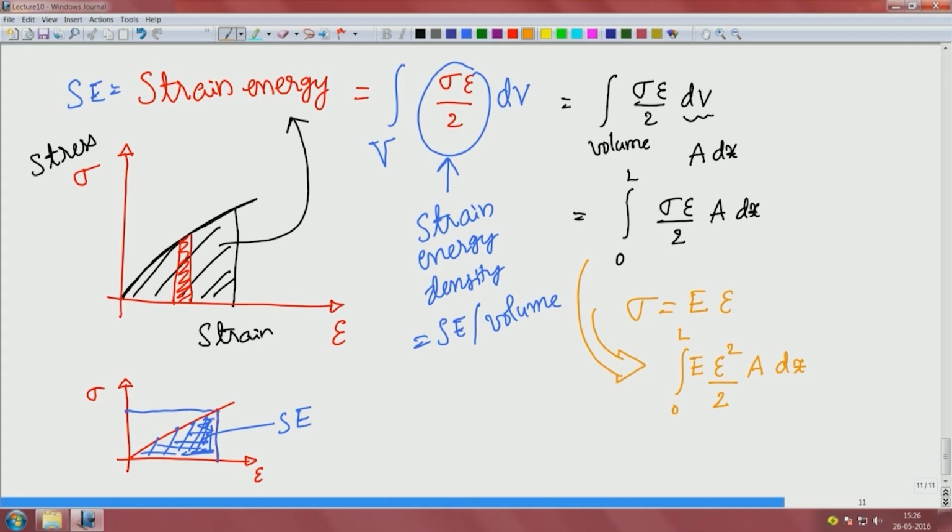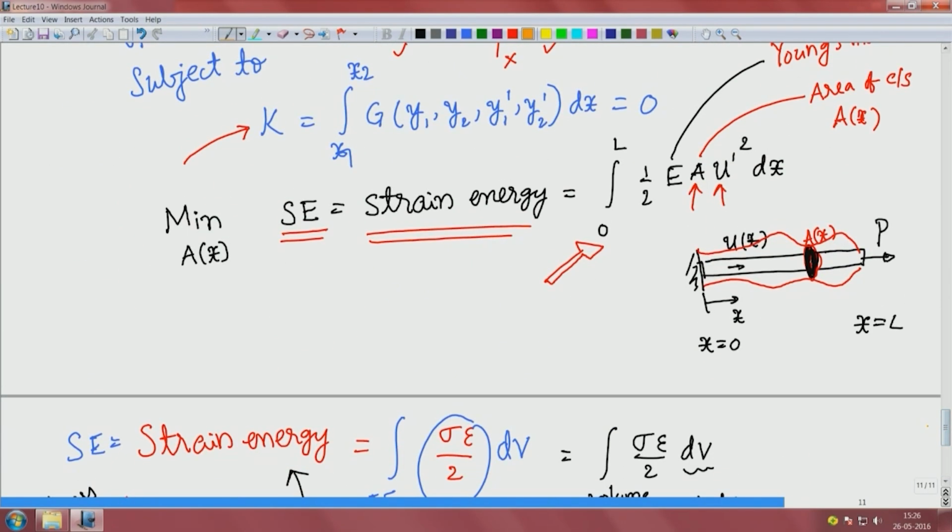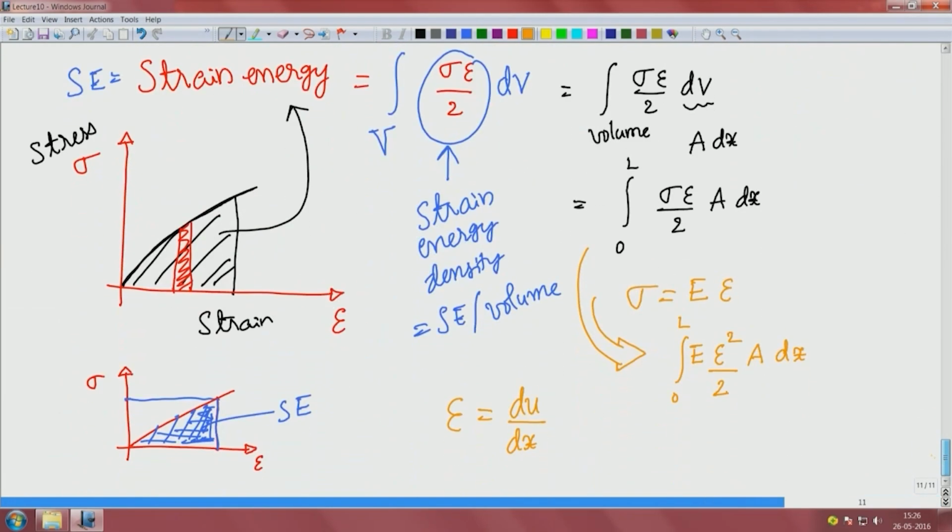So, what we have is half EA epsilon square. What is epsilon for a bar? Epsilon for a bar is change in length du by original length dx. That is, if I take any little dx over there, that is going to deflect by an amount du, and that is how we write the small linear strain du by dx.